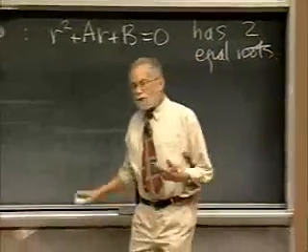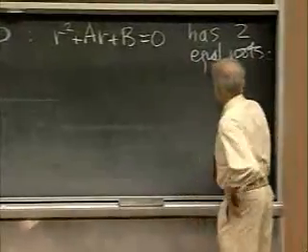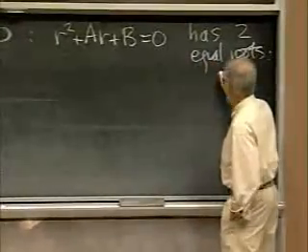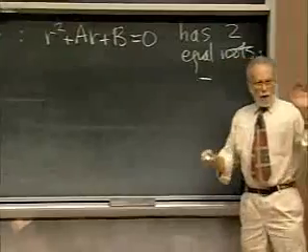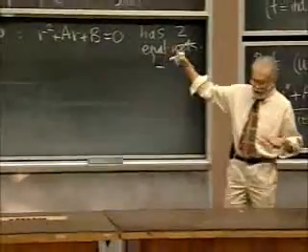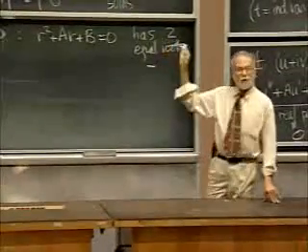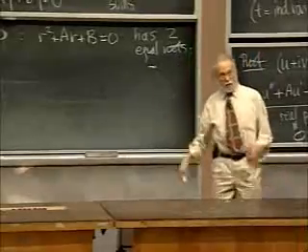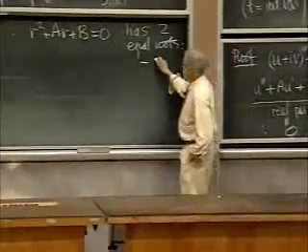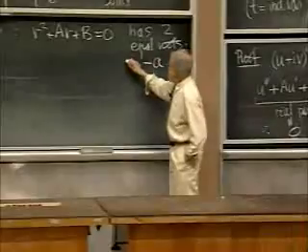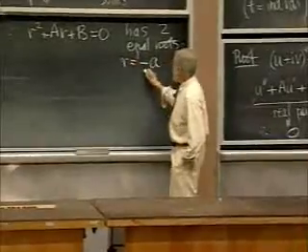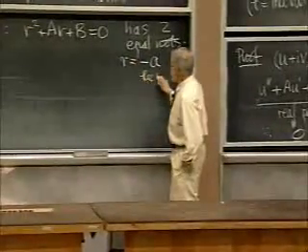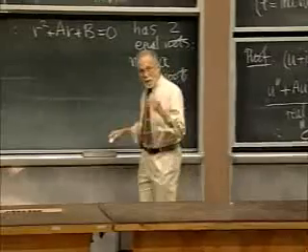Now, that's a very special equation. Notice that in this physical case, the roots always turn out to be negative numbers or to have a negative real part. So I'm going to call the root negative a, where a is understood to be a positive number.